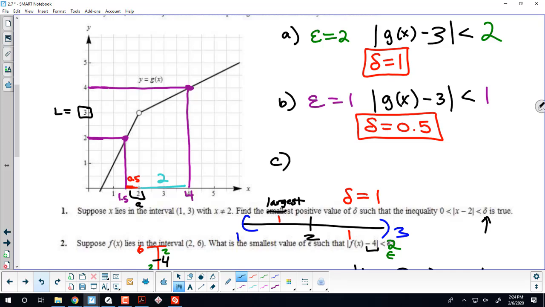So part A, we had epsilon of 2, delta was 1. Part B, we had epsilon was 1, and delta is a half. So we just want to come up with some sort of relationship between epsilon and delta. What does it appear to be, just from these two things we've computed?